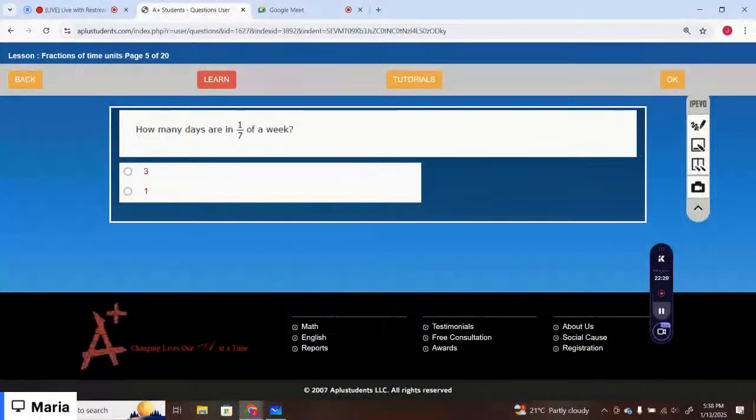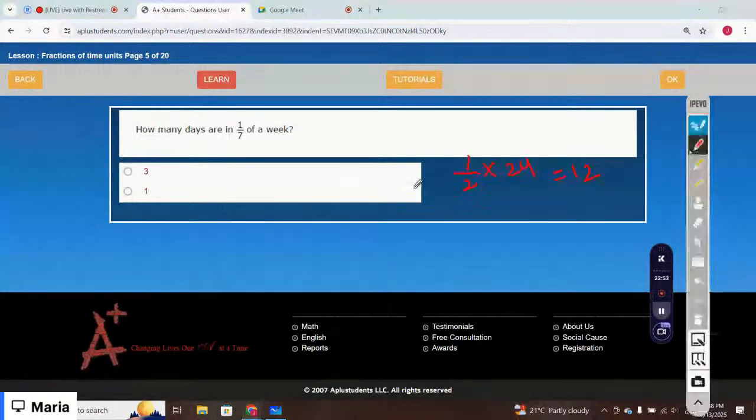How many days are in 1/7 of a week? So, which is the correct option? That is 1 by 7 times 7.